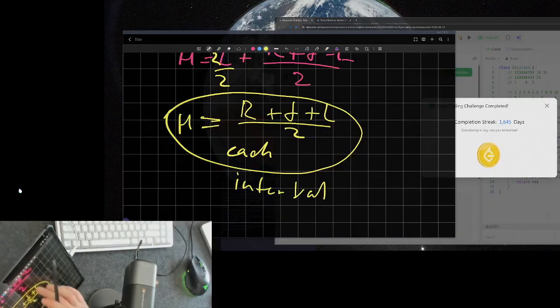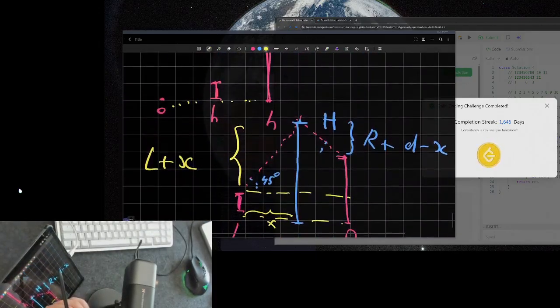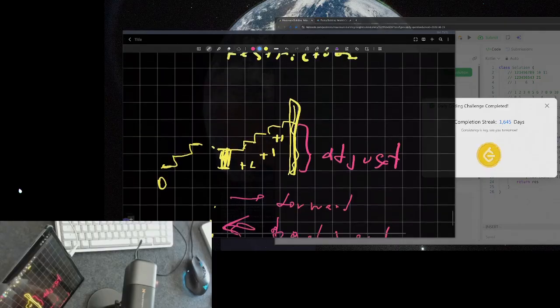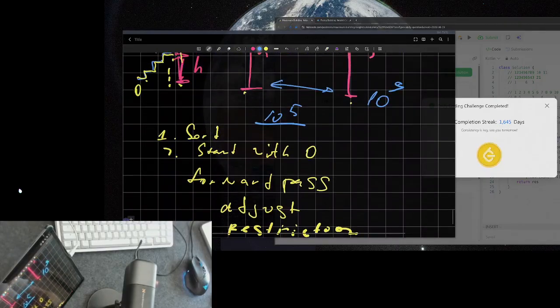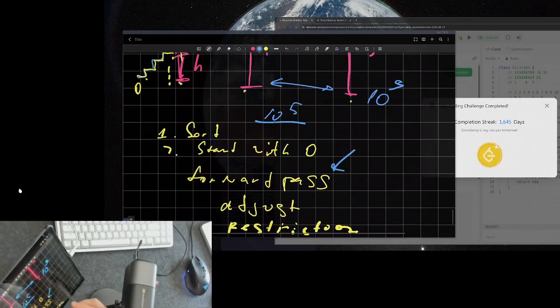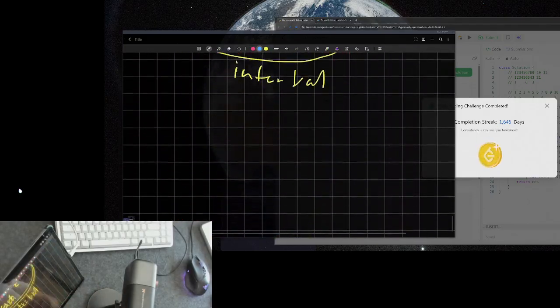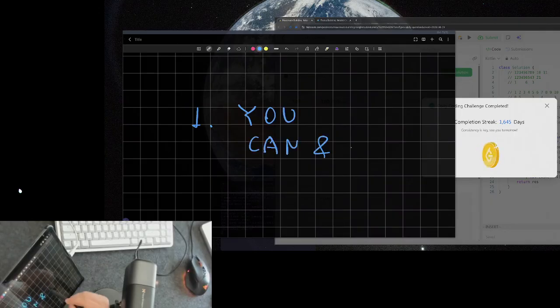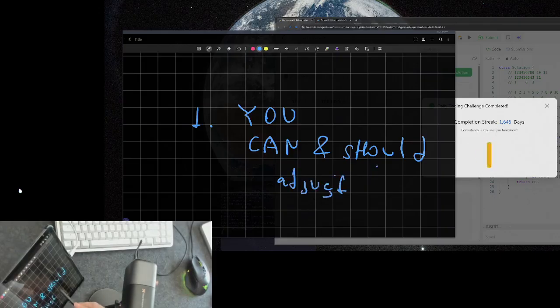So the main hardness of this problem is, first, you have to know that you can and should adjust the restrictions' heights.